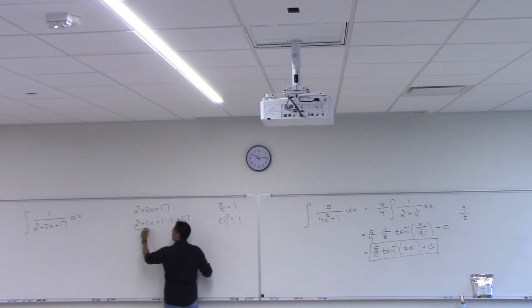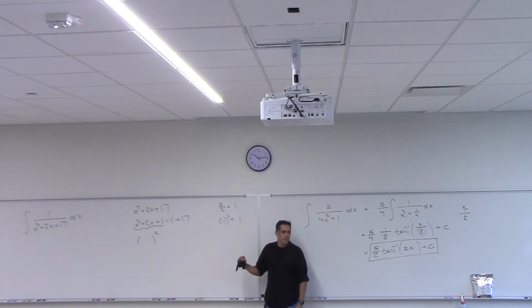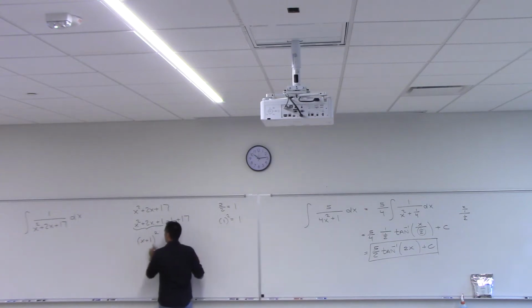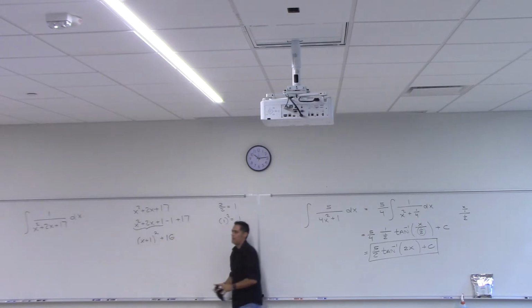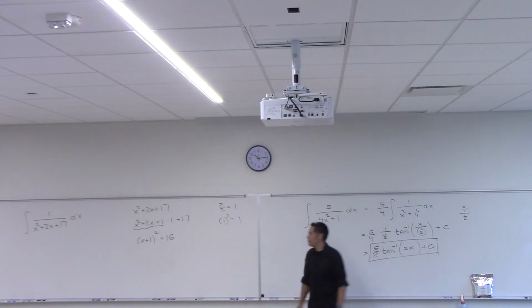The first 3 terms, guaranteed, perfect square trinomial, it will factor to be what squared? X plus that number, right? So x plus 1 squared, and then the rest of this is plus 16. Okay? You with me? Yes. Okay.